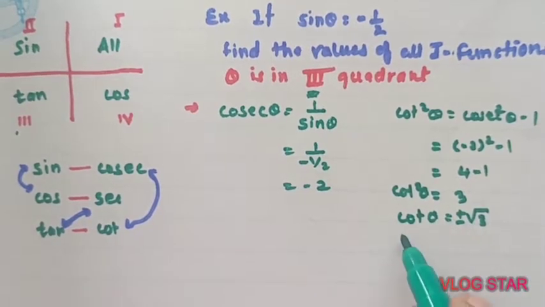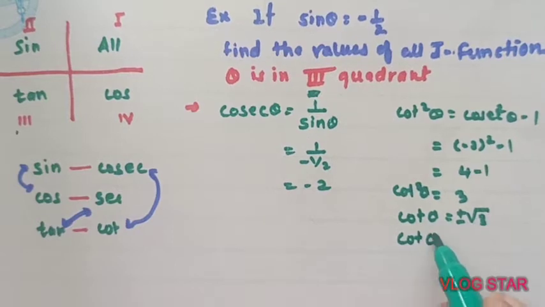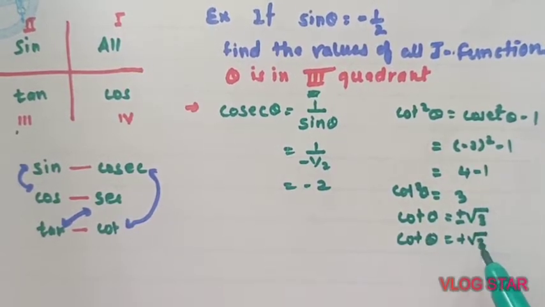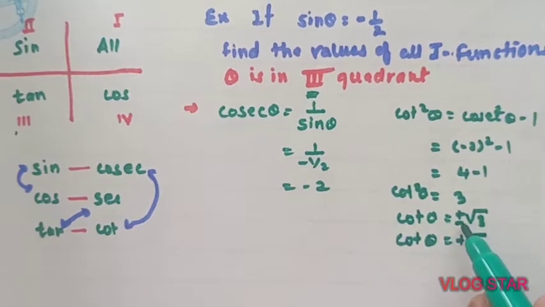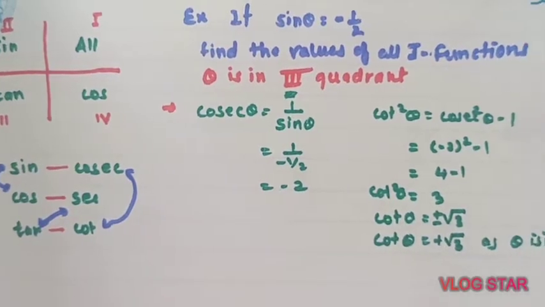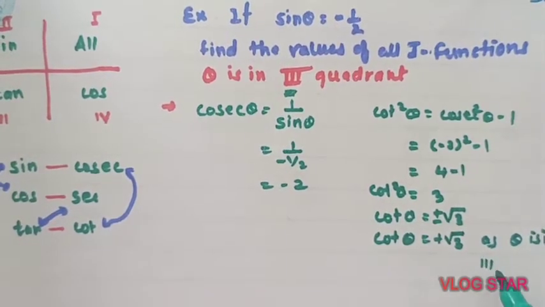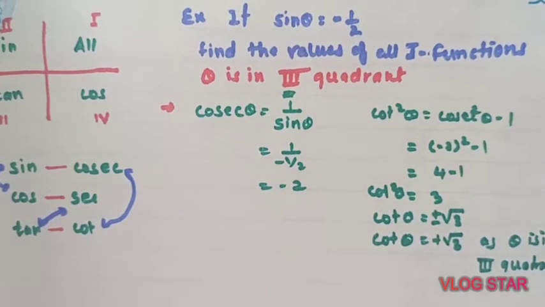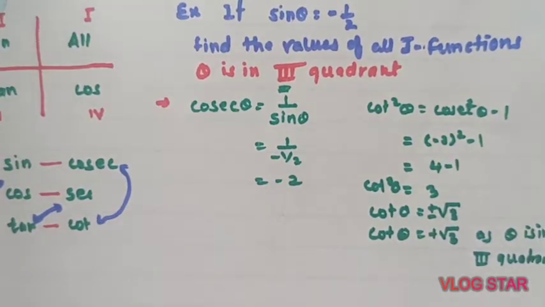So I will take only the positive value. So it is a positive root 3. So we will exclude the negative as theta is in the third quadrant. That is the reason. Keep on calculating.